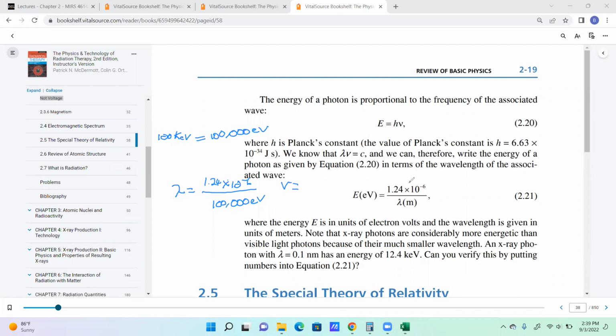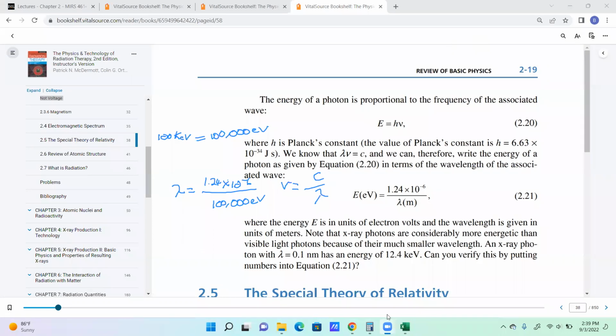You can do it this way since you found the wavelength here: this divided by this is going to be the frequency. Another way is that if you know what the energy is, which we do, it's 100 keV, you can plug it in here, divide by Planck's constant, and you can determine the frequency. Either way is going to be good.